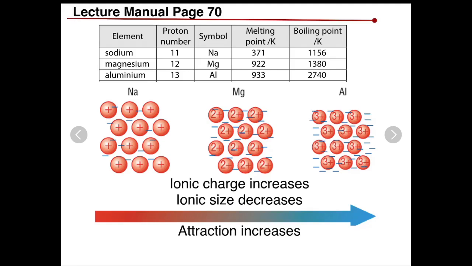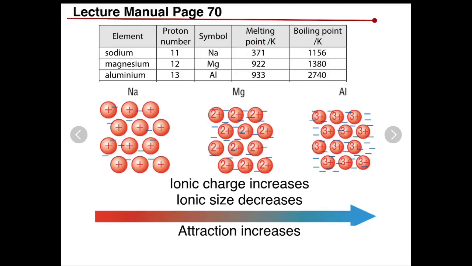And because the effective nuclear charge of aluminum is higher than sodium, the attractive force that holds aluminum's electrons toward their aluminum ions is a lot stronger than the attractive force between sodium ions and their electrons. Because the force increases, for sodium to melt is going to require less energy than for aluminum to melt. Therefore, aluminum melts at a higher temperature than sodium.